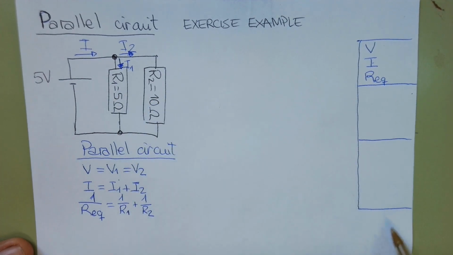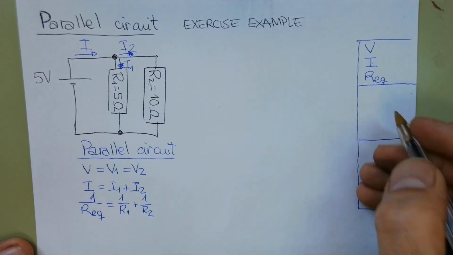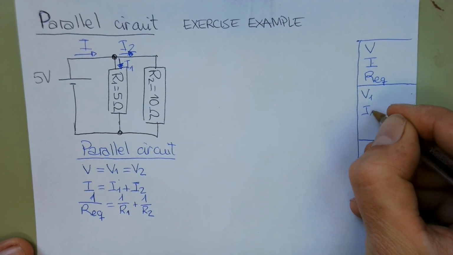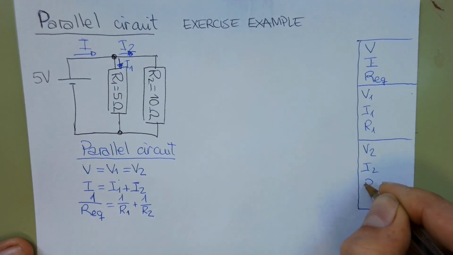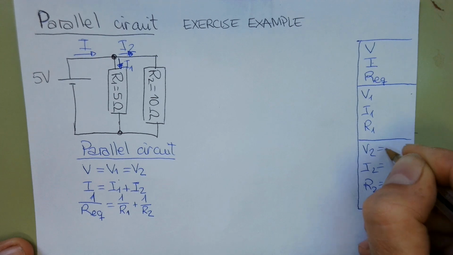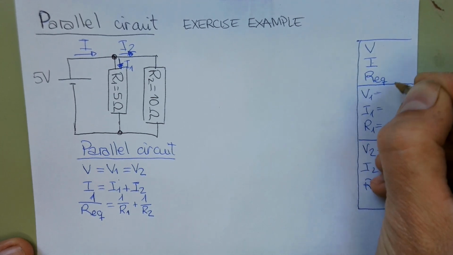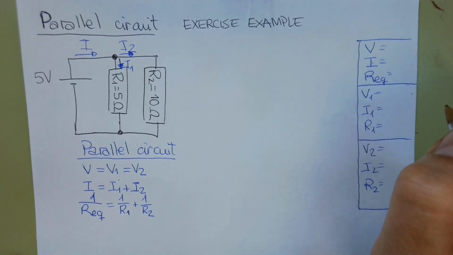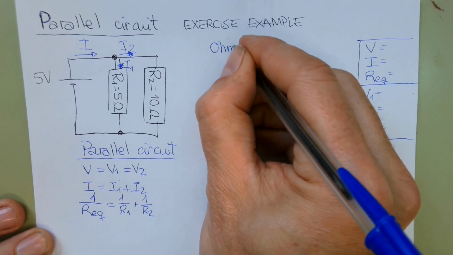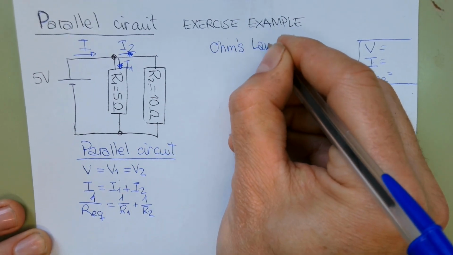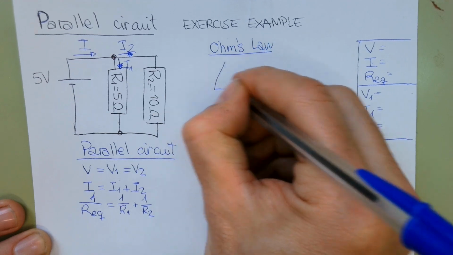You have only two squares, and in these squares you're going to write the magnitudes, because with this you will have the opportunity to check if you can use Ohm's law, which is the other equation you are going to use.